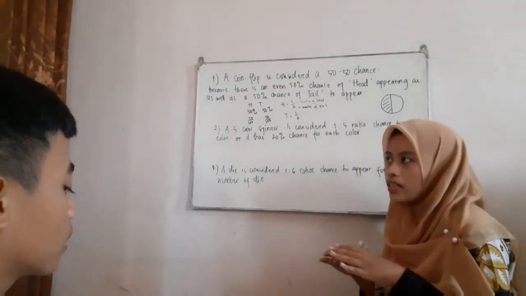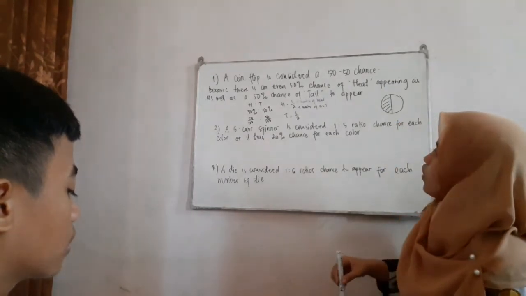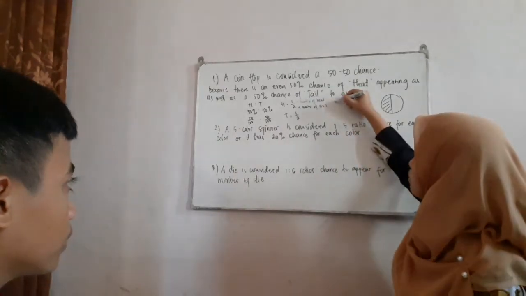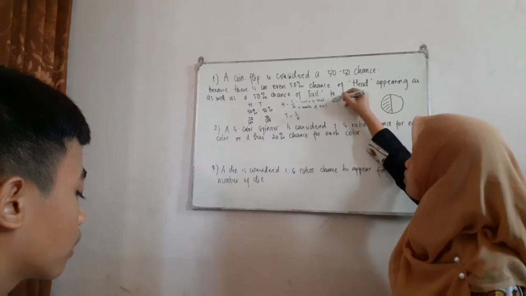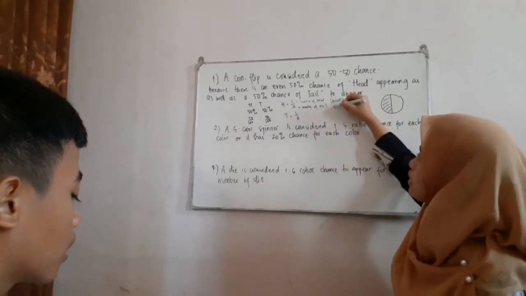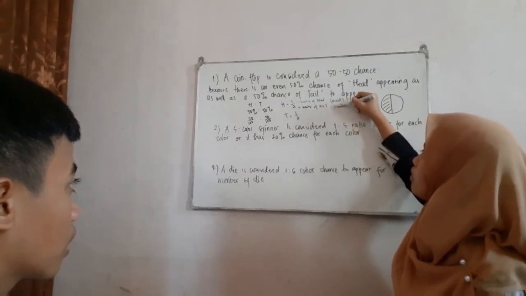And in probability terms, we call the number of head the event, and the number of head and tail is the possible outcomes.